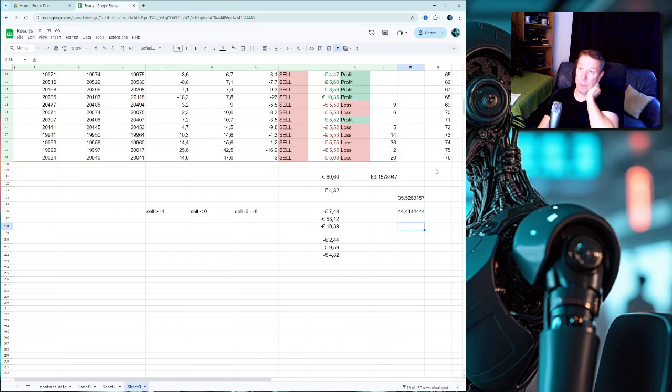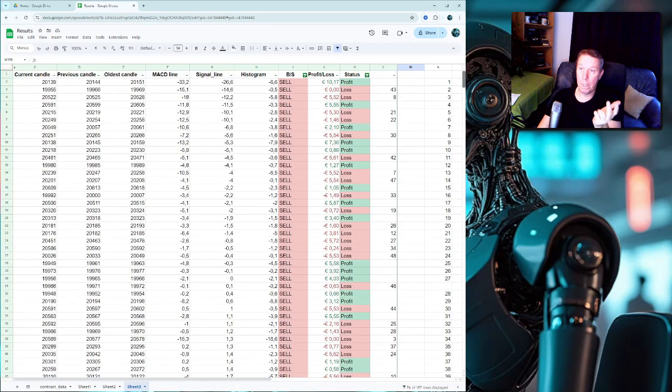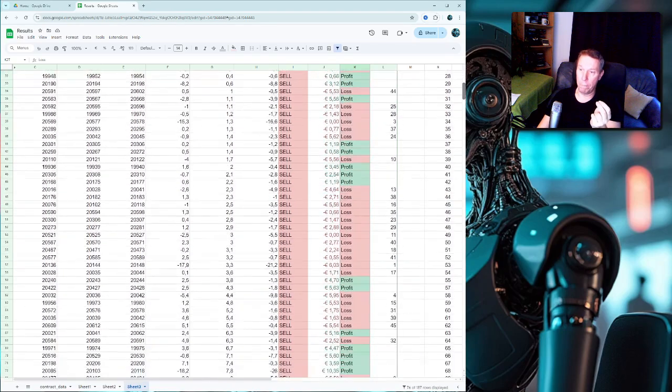It's a 44% chance to get a profitable position versus the 63% of losses we started with. Let's count the losses to do the same calculation. 1, 2, 3, 4, 5, 6, 7, 8, 9, 10, 11, 12, 13, 14, 15. 27 total, yes, 15, okay.